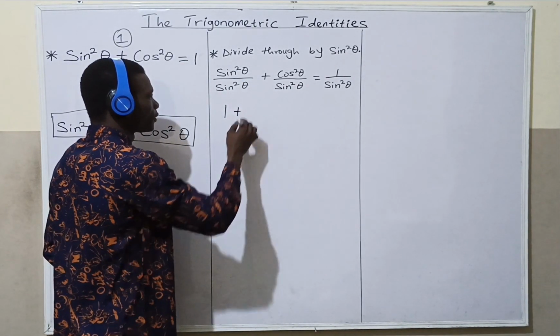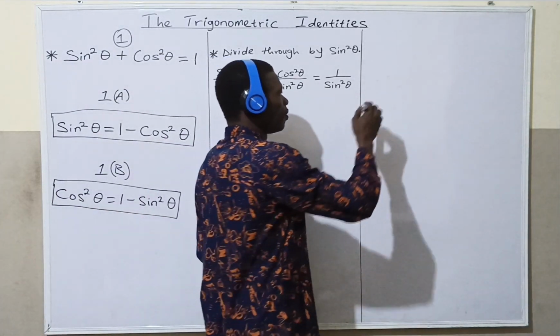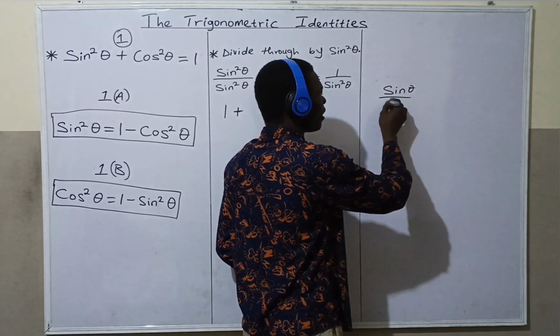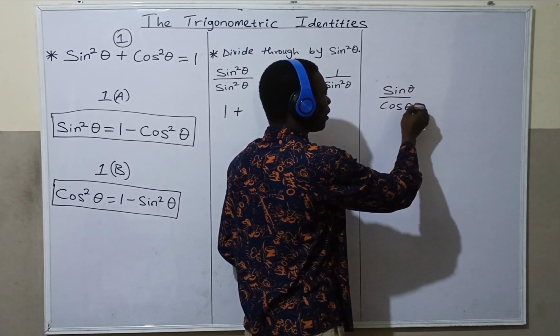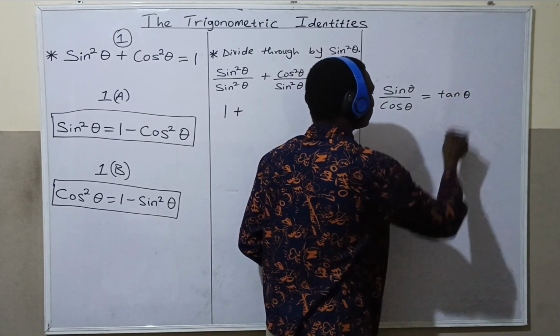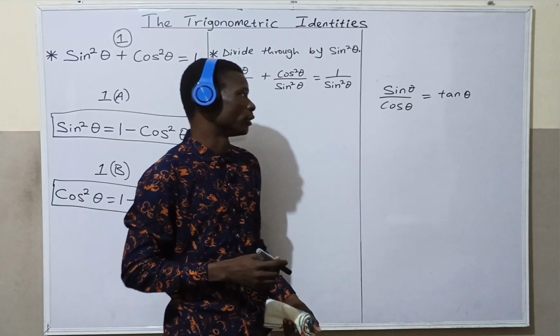Then plus, okay, so from our previous video we were able to see that sin theta over cos theta is equal to tan theta. That is a fact from my previous video.